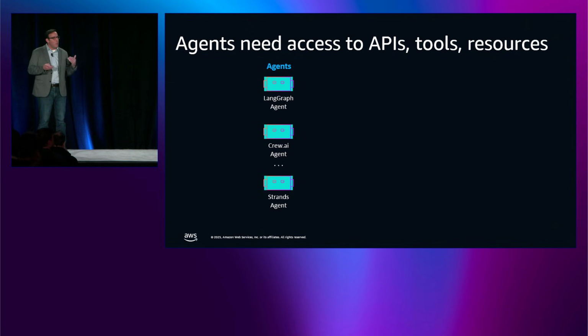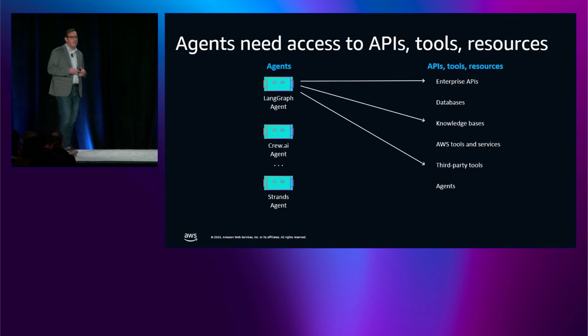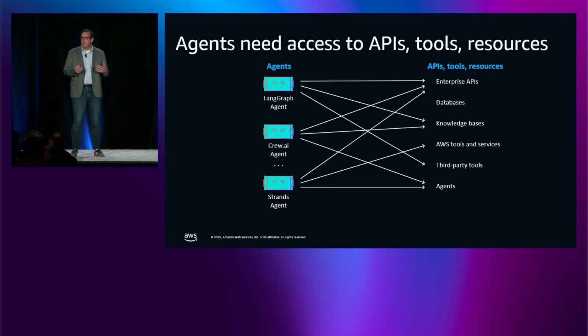But what one quickly realizes is that agents, to be effective, need access to existing enterprise APIs, existing databases, existing knowledge bases. And agents are developed with different agent runtimes, different frameworks.